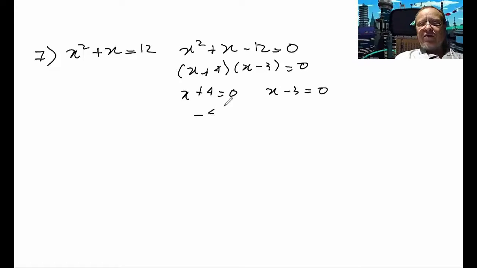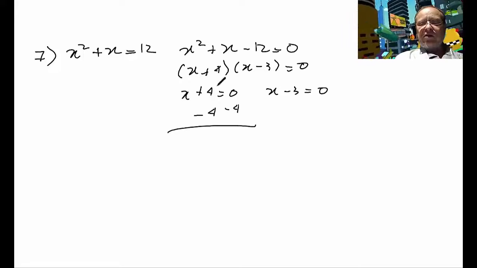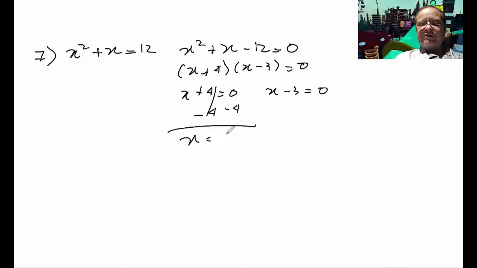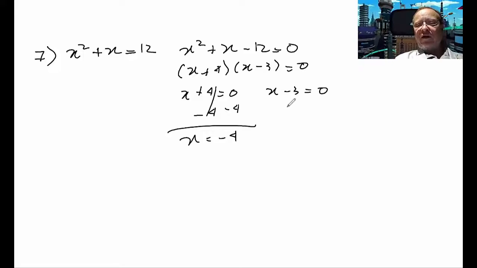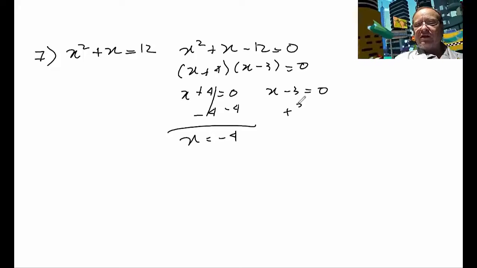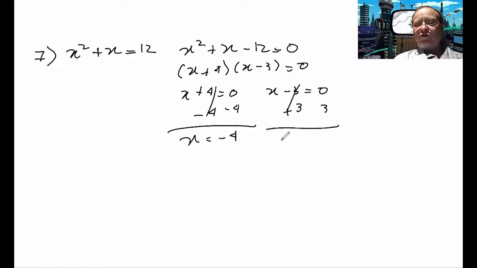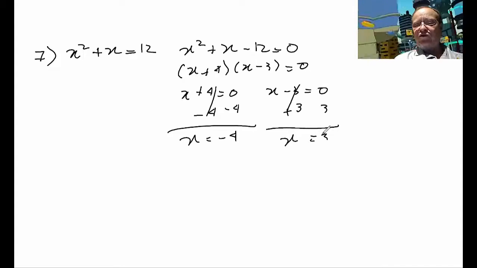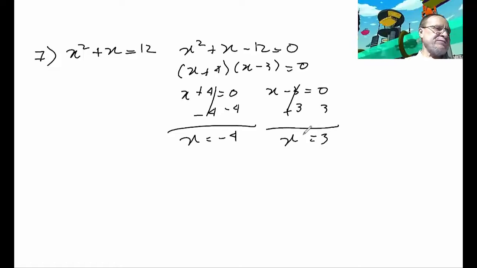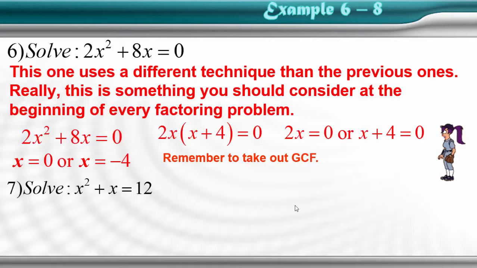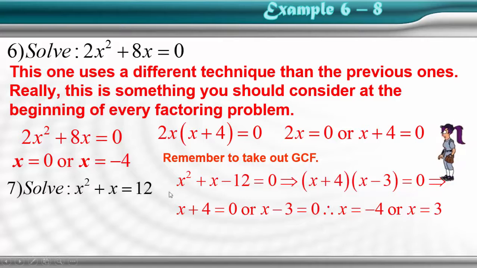And then we solve: x is equal to negative 4, and because it's a quadratic equation, of course, we end up with two answers.